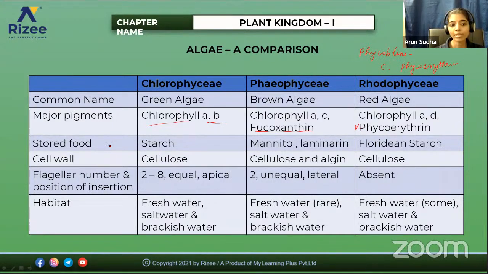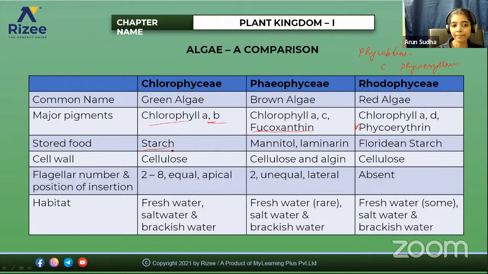The main storage food is starch in the case of Chlorophyceae. In Phaeophyceae, it is mannitol and laminarin. And in Rhodophyceae, it is Floridian starch. And what about the cell wall? Here it is mostly cellulose, here cellulose and algin, and here a cellulosic cell wall.